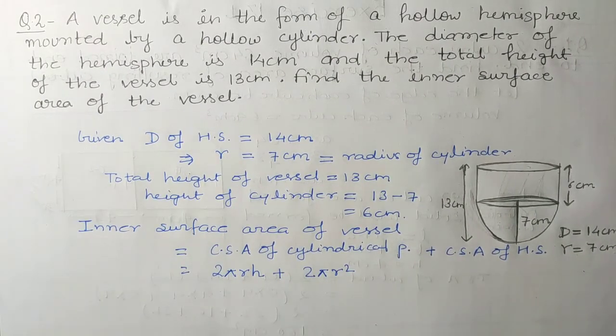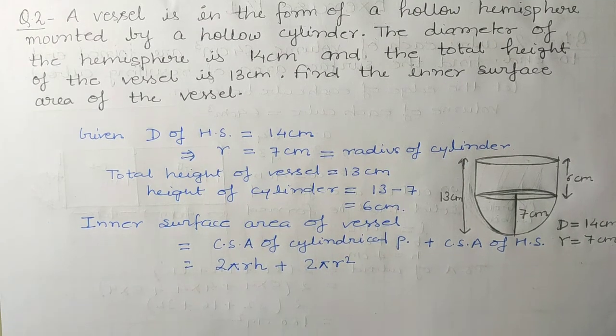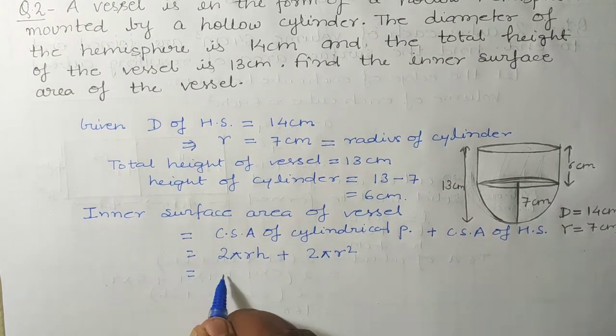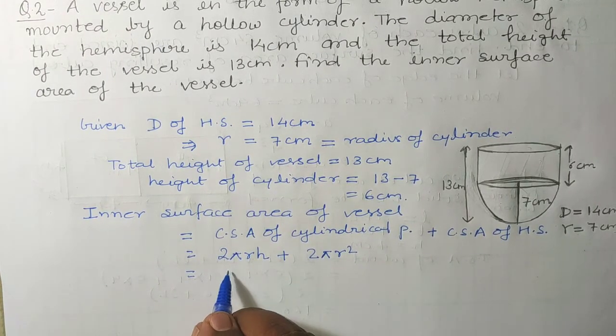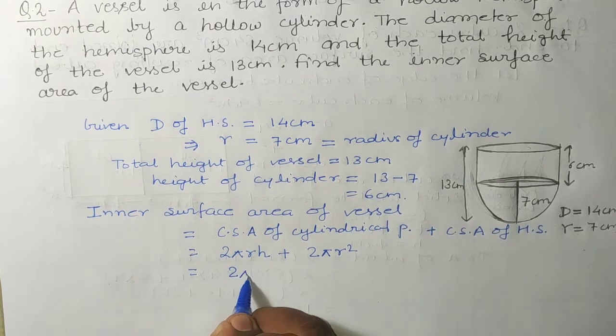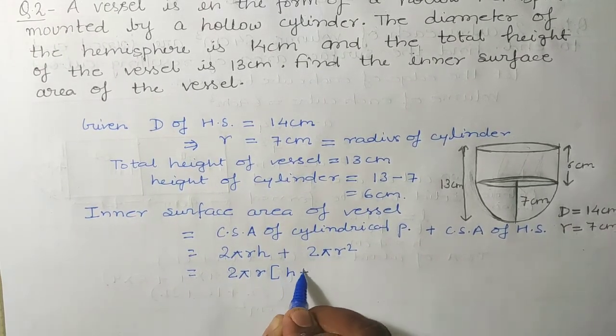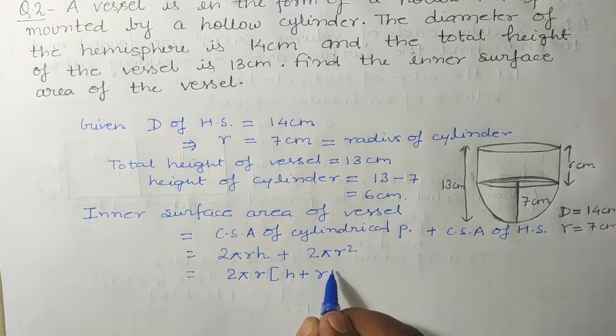The curved surface area of a sphere is 4 pi r square, but it is a hemisphere, so its curved surface area is just half of that, that is 2 pi r square. Now we'll put all the values, or we can simplify it by taking 2 pi r common, then it will be h plus r.